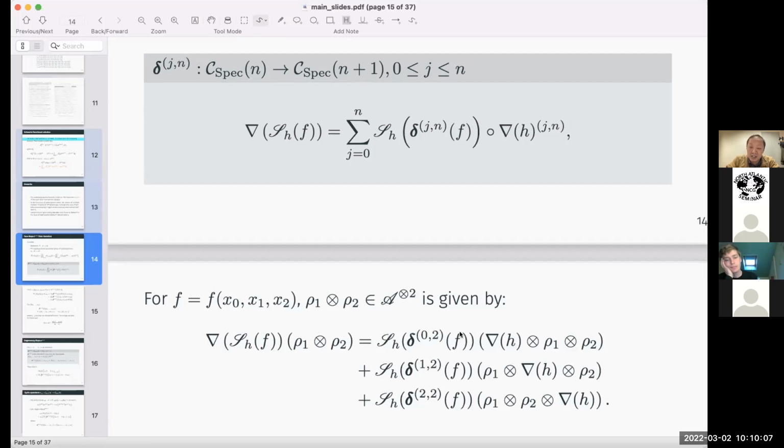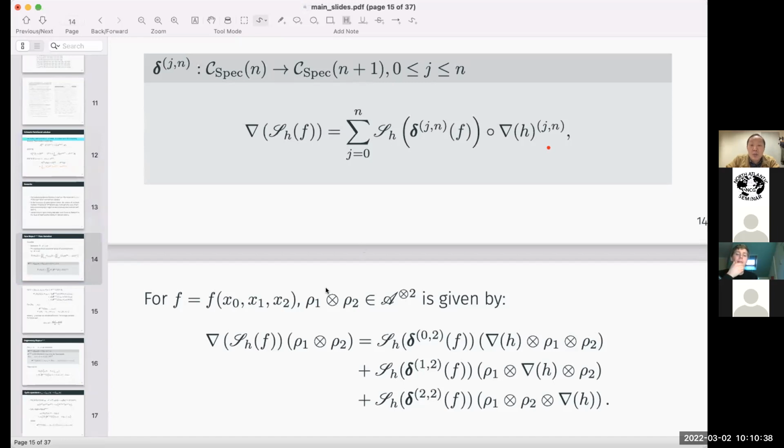This label j will indicate the position of multiplication, like from the left, in the middle, and from the right, and then the crossword 1, 0, 1, 2. So that's how this operator acts on an elementary tensor like that. Is that clear?